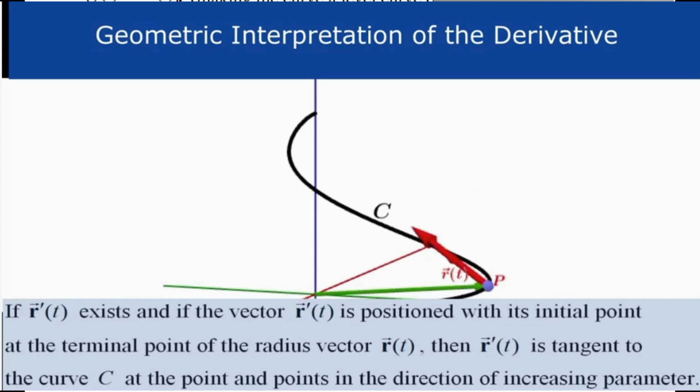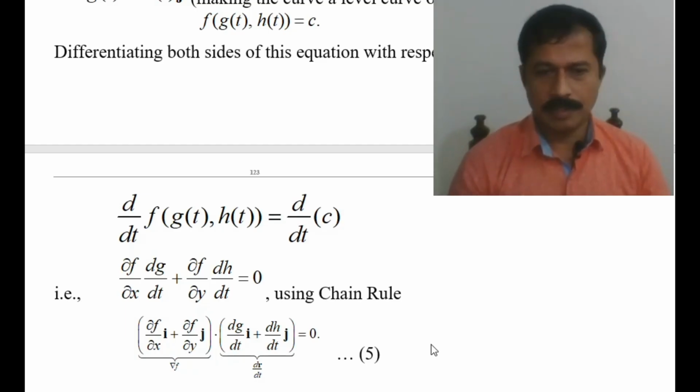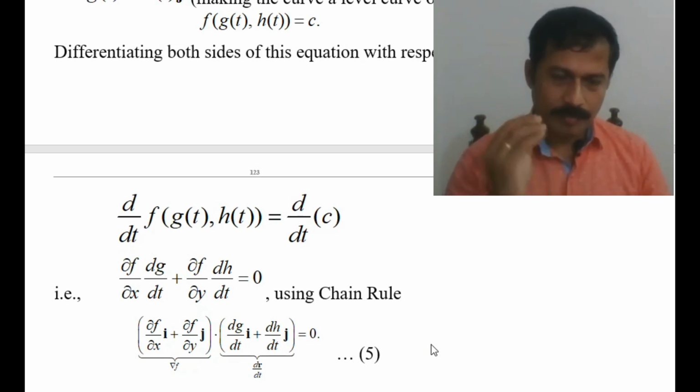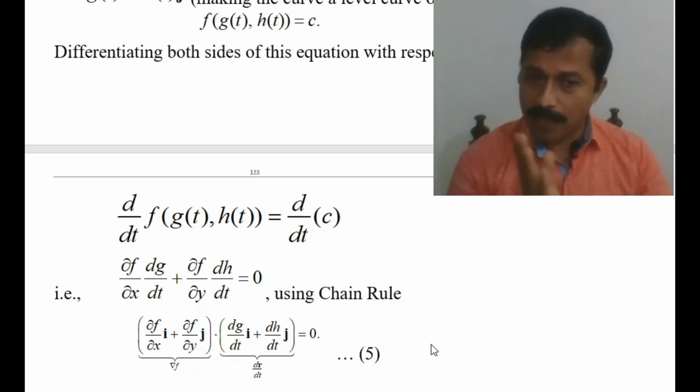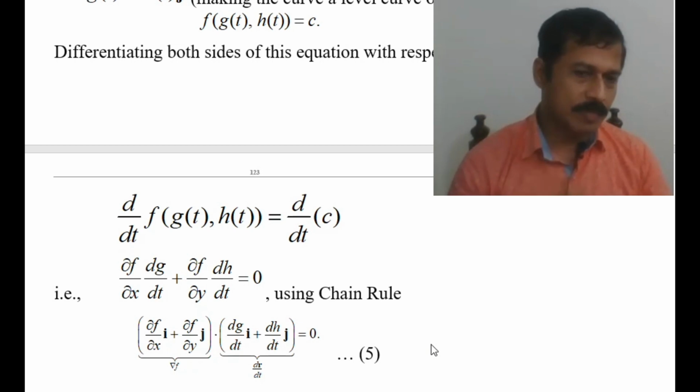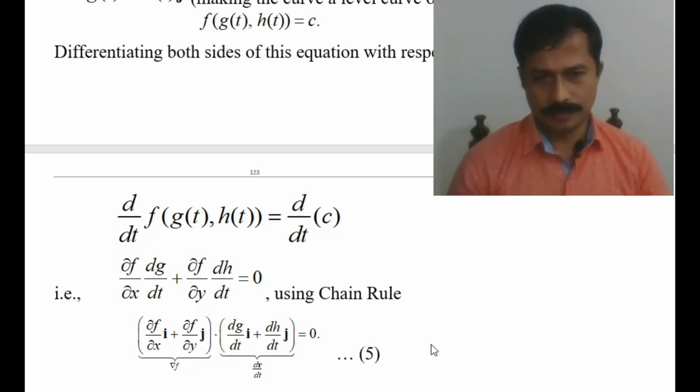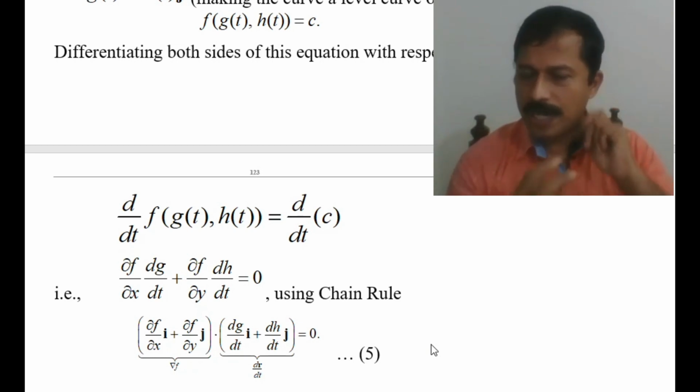A curve will have so many points. At each point there will be a tangent. If we are considering a point (x, y) on the curve, then at that point there will be a tangent line, and a vector parallel to that tangent line is nothing but dr by dt. At the same time, what is grad f?